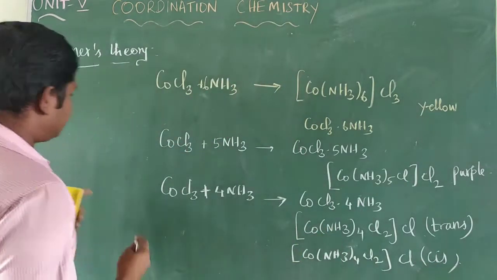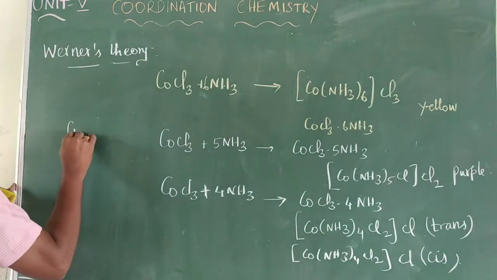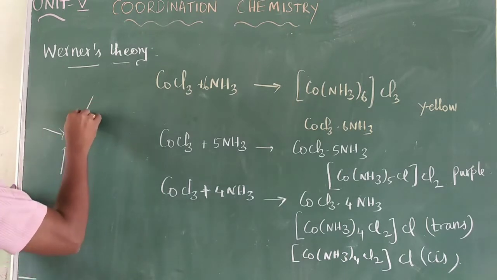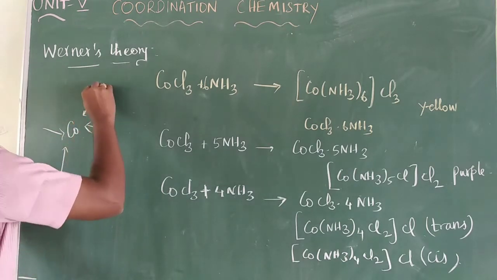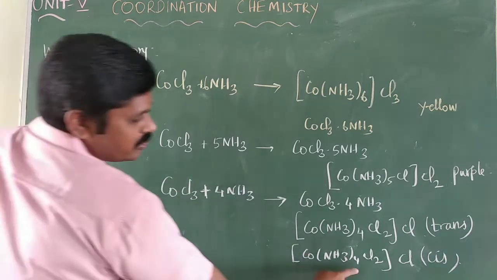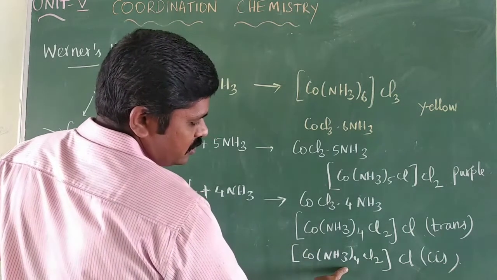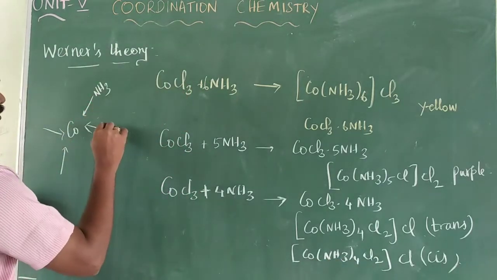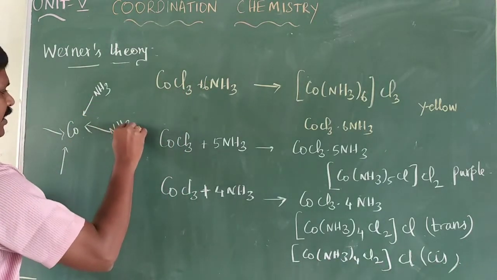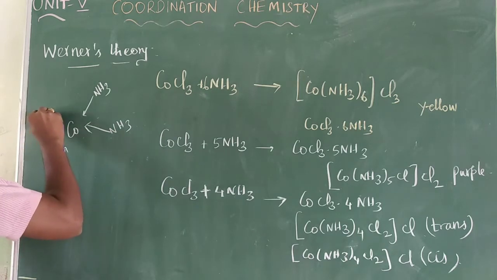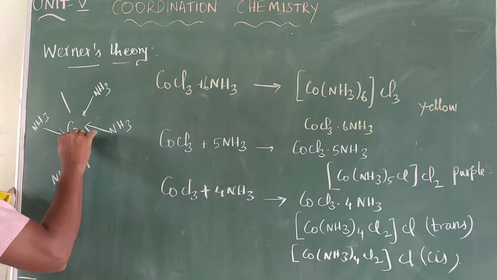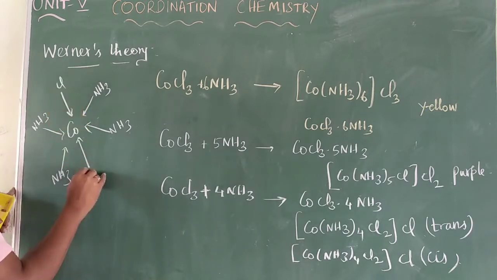Structure of trans and cis complex. The central metal atom is cobalt. So NH3 four times and Cl2. NH3 and NH3 and NH3 in opposite positions, Cl and Cl.